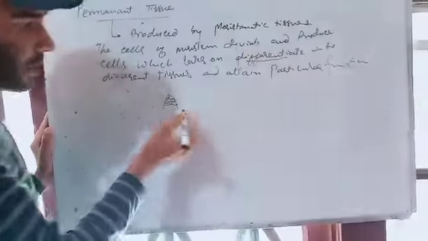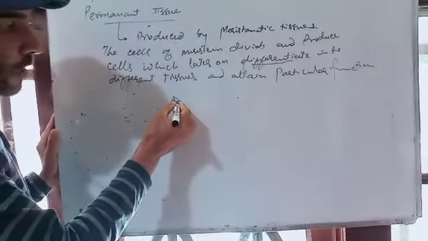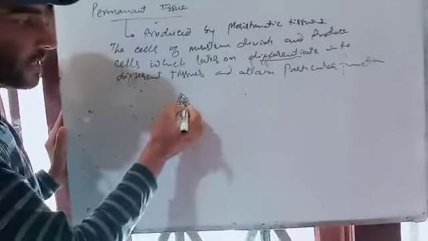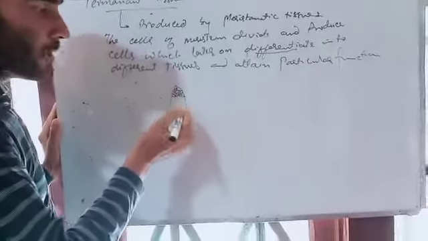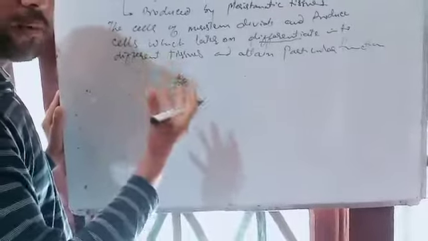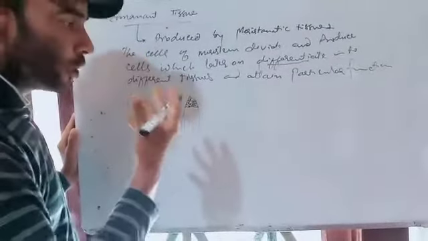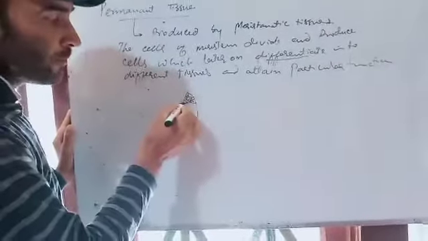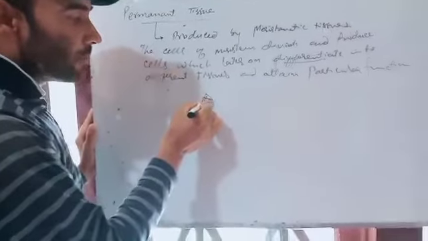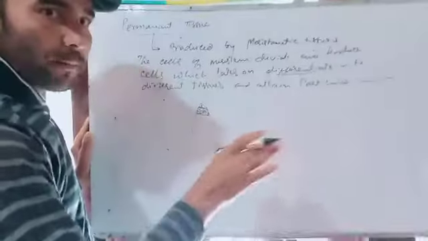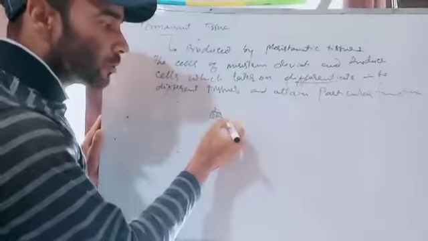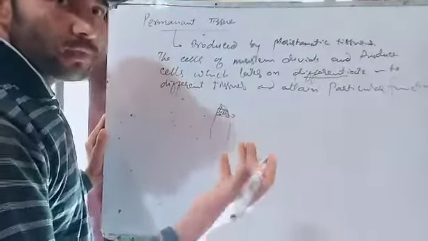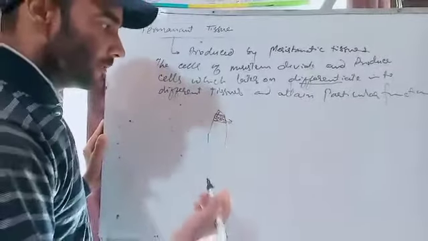That means different types of functions are provided to these cells, and they are made specialized to form different types of tissues. These cells, the permanent tissue, lose the capacity to divide, but we can make them divide again and again. That is the capacity of totipotency.